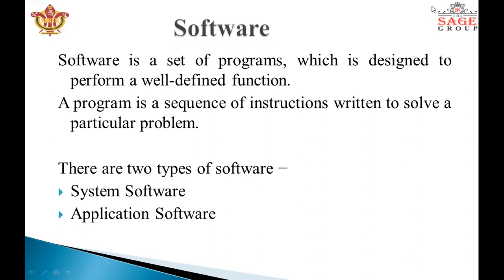These software products comprise programs written in a low level language, which interact with the hardware at a very basic level. System software serves as an interface between the hardware and the end user. End user means those of us who are using that particular software.